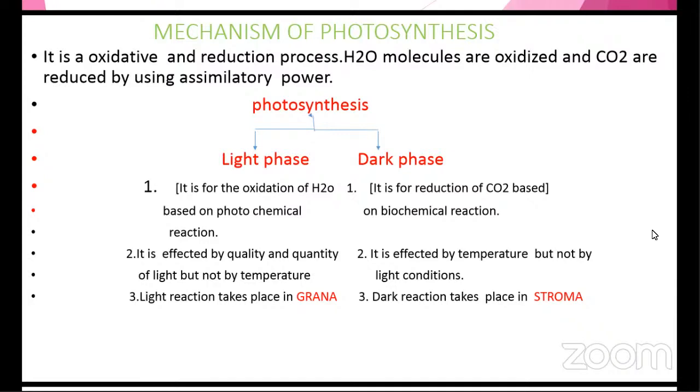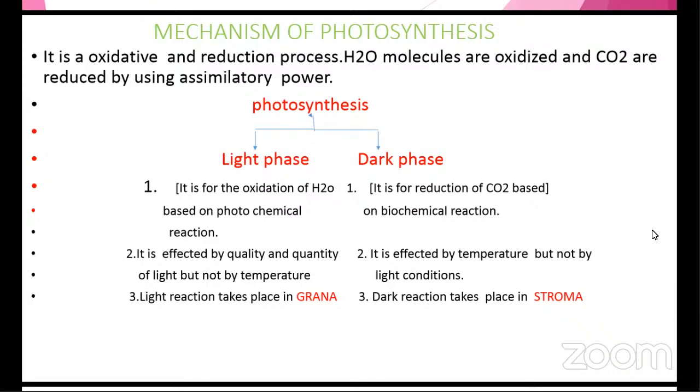Yesterday, we discussed the importance of pigments in photosynthesis. Today, we are going to discuss the mechanism of photosynthesis. Photosynthesis is an oxidation and reduction process in which H2O molecules are oxidized and CO2 molecules are reduced by utilizing assimilatory power.